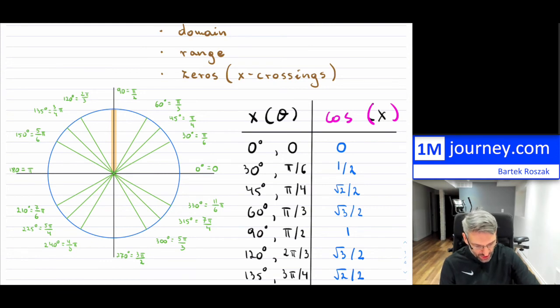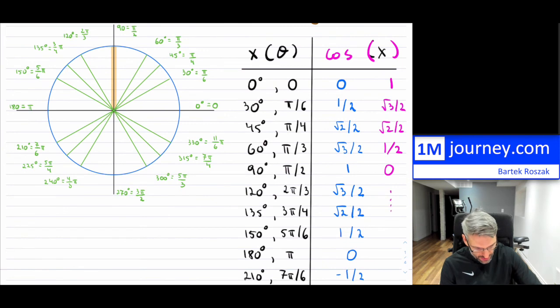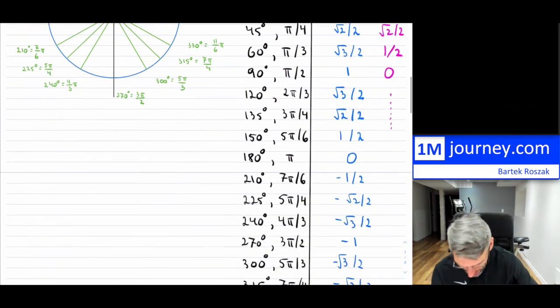Here it would have started at 1, then instead of being a half, it's going to be root 3 over 2. This is going to be identical. This is going to be a half. When sine is 1, cosine is going to be 0, and so on. It continues in that pattern.